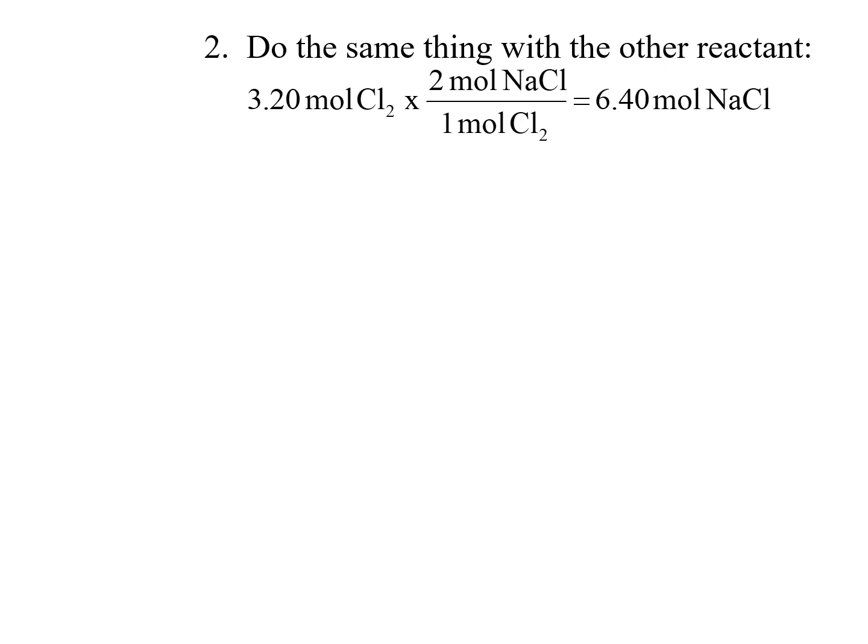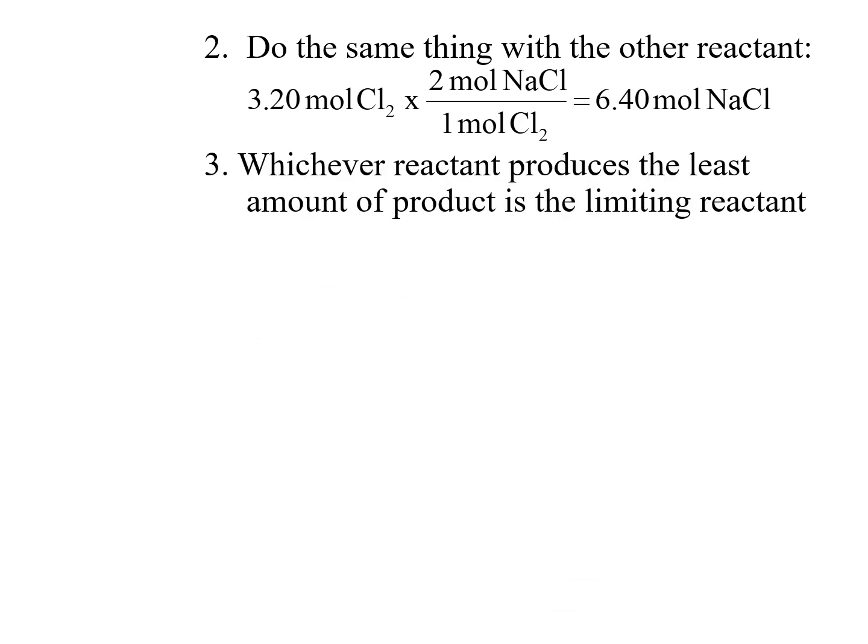So we did that with the Cl2, mole ratio, figured out how many moles of product we can make. And then we compared. Whoever makes the least amount of product, that's the limiting reactant. So Cl2 made the least amount of product. Cl2 is the limiting reactant. And the amount of product that the limiting reactant actually produces is the answer to the problem.